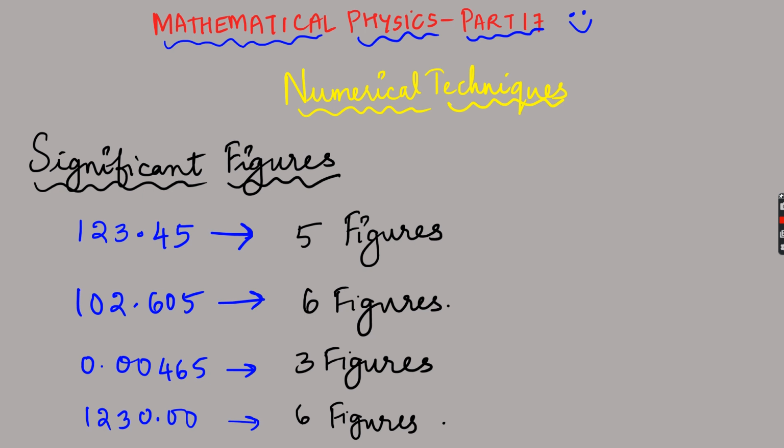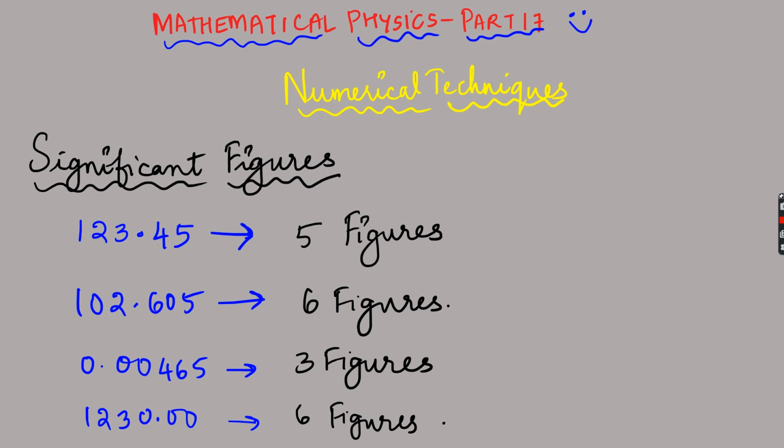So here there are only three significant figures. The zeros that are after a number, like 1230.00, should be counted. So here it means six significant figures.